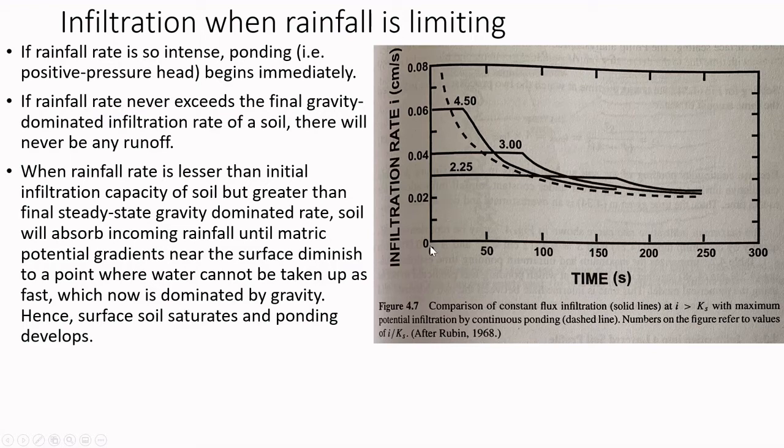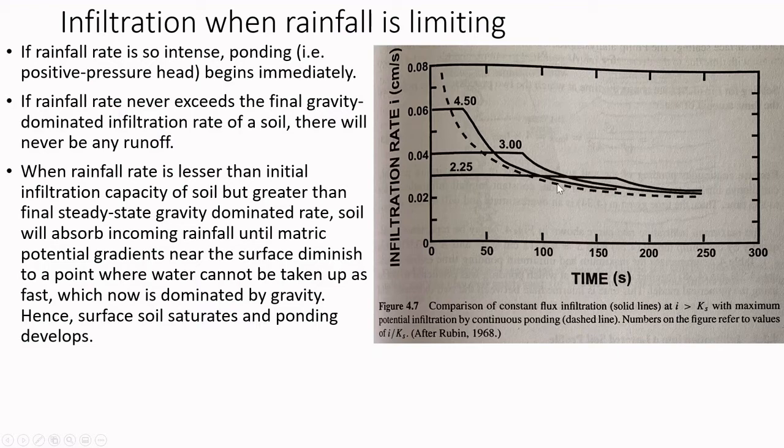So here you can see this is figure 4.7, a comparison of constant flux infiltration. You have a solid line, at infiltration rate greater than Ks, which means it is greater than gravity, with maximum potential infiltration by continuous ponding, and then here we have a dash line.